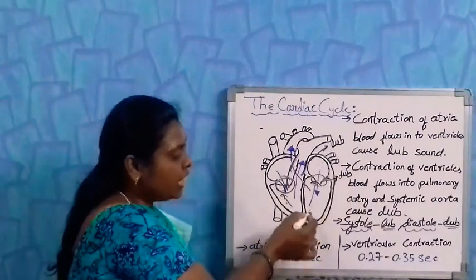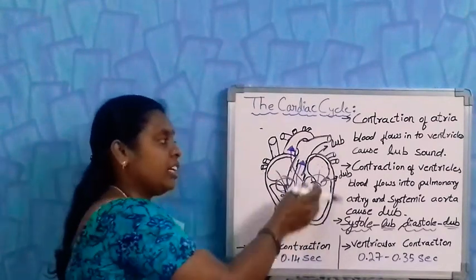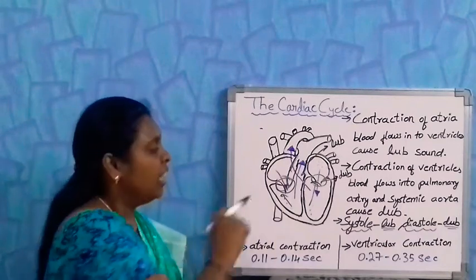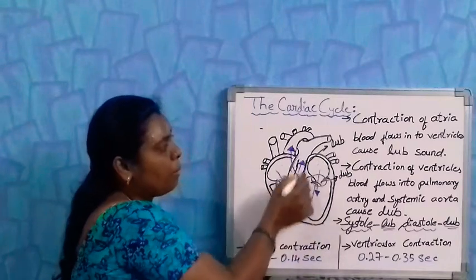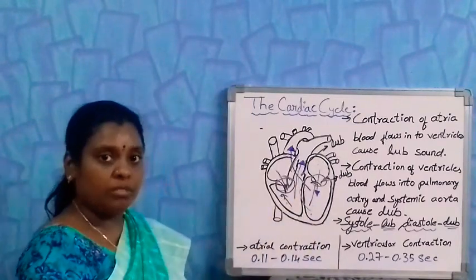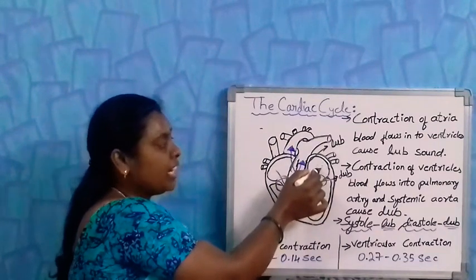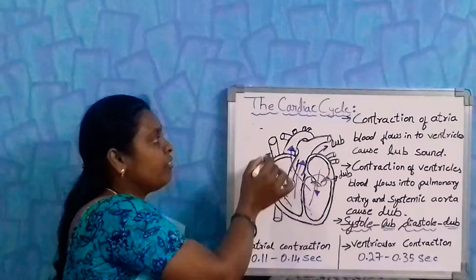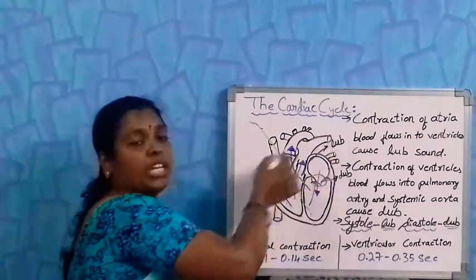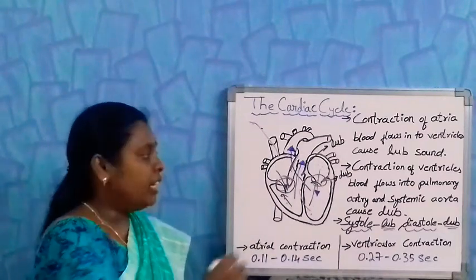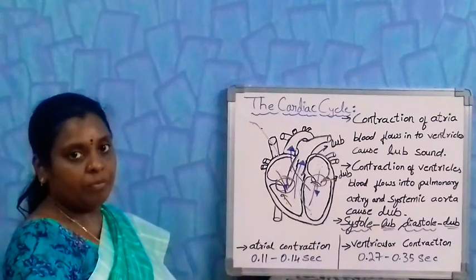When the ventricles are in the contracted phase, the auricles are in the relaxed state, and the ventricles push the blood through the pulmonary and systemic arteries. At that time, the deoxygenated blood from the superior and inferior vena cava and the blood through the pulmonary veins enter the right and left atria.